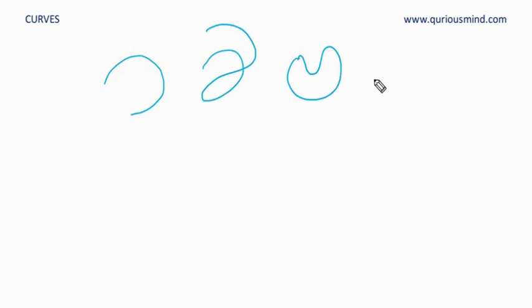This is also a curve. And surprisingly, this also is a curve. We call it a straight shape, but that also is a curve as far as geometry is concerned. The definition of a curve is any shape drawn without lifting the pencil up.